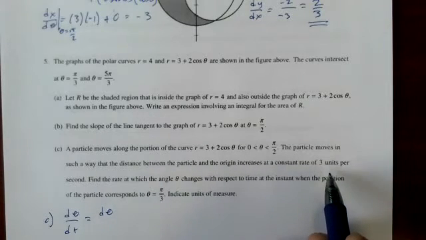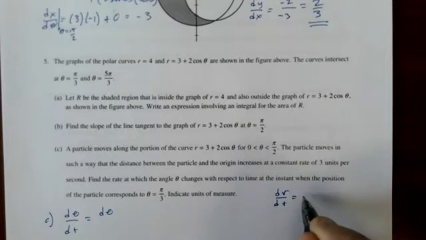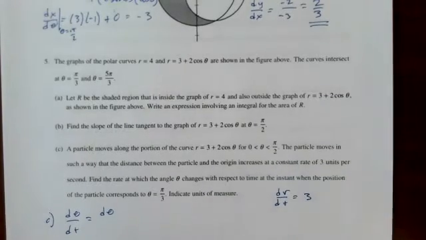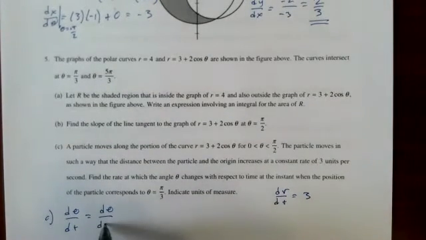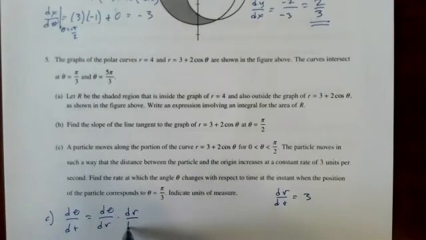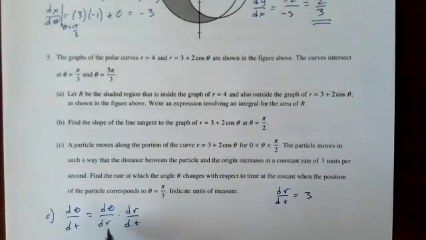Increases at a constant rate of 3 units per second. So I'm going to write over here, dr dt equals 3 units per second. I want d theta dt, I got a dr dt. Something seems weird about this, though.